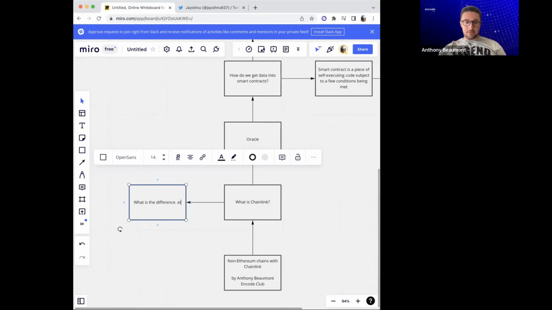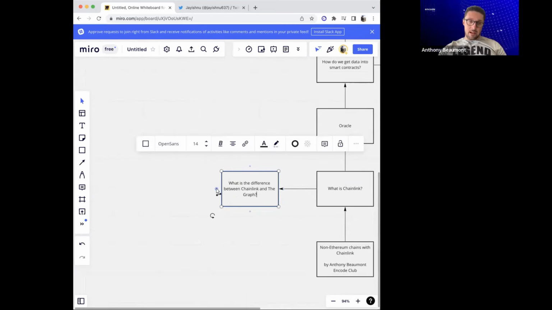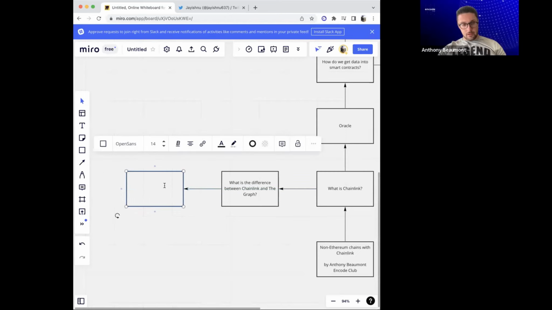So what is the difference between Chainlink and The Graph? If those of you who've heard of The Graph. Well, the difference is this. Both are protocols designed to deliver data into smart contracts. Chainlink focuses on real-world data.